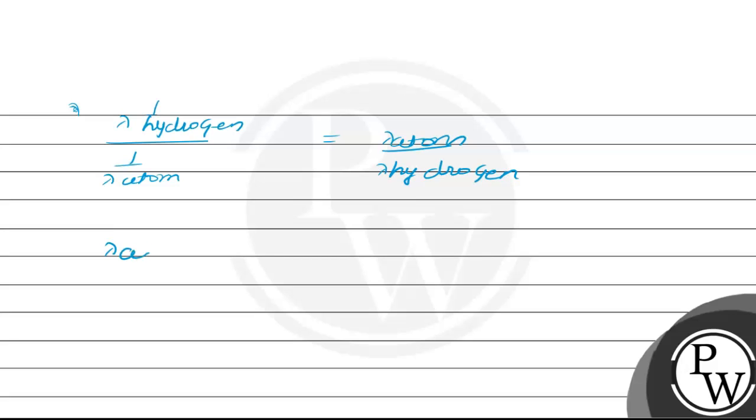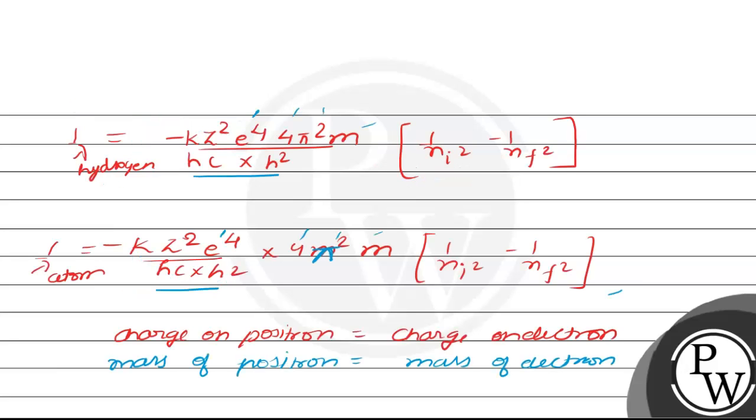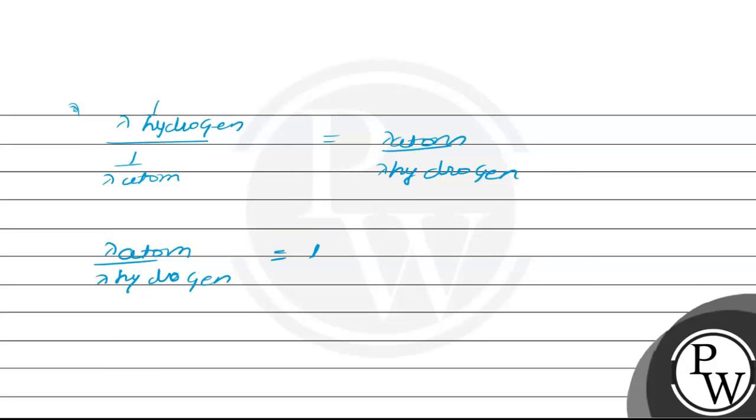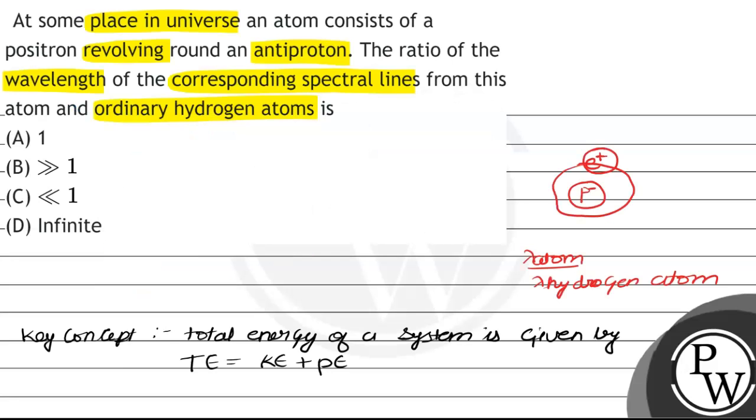So lambda atom upon lambda hydrogen will come out to be 1. This is because when we divide both the terms, since all are the same, everything will get cancelled out, and we will be left with only 1. And this matches with the first option of this question, that is option A.